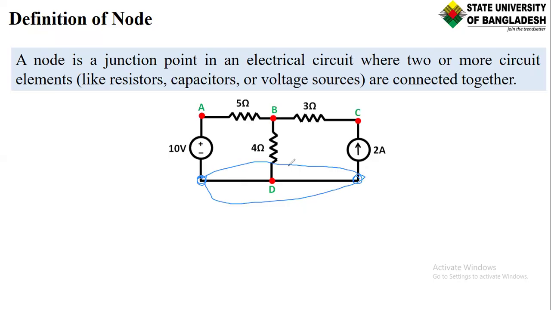Since all three elements or branches are connected here in common, we identified this part as a common node. So D is our common node.